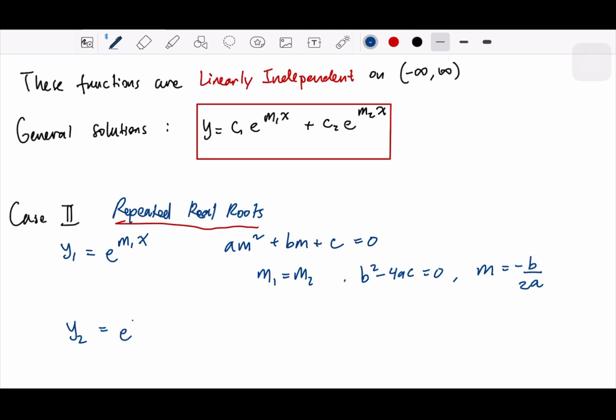So this will be e to the m1x, and then the integration of e to the power of negative P, which is e to the 2m1x over e to the 2m1x, dx.